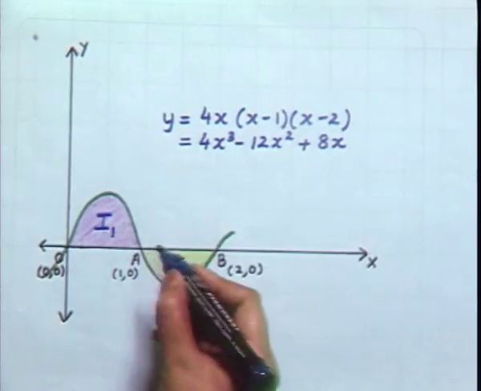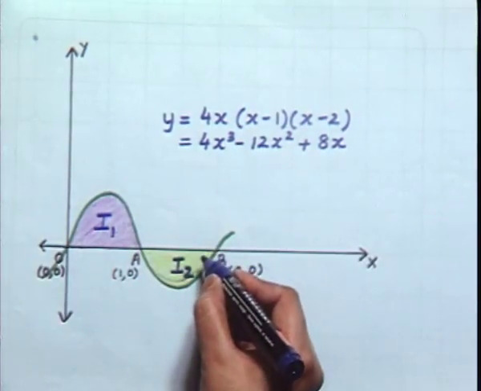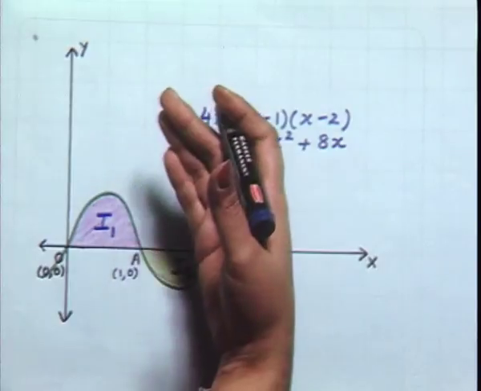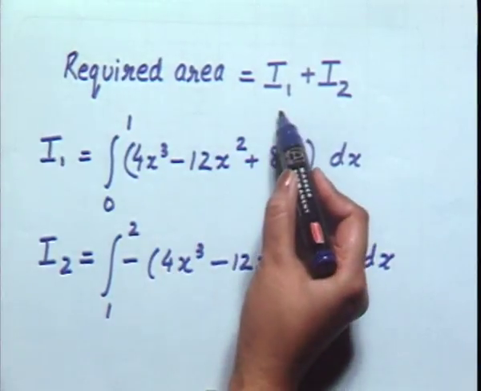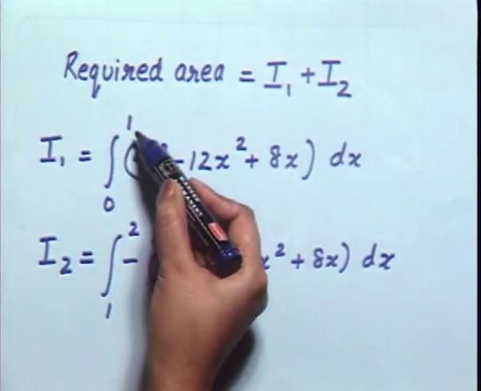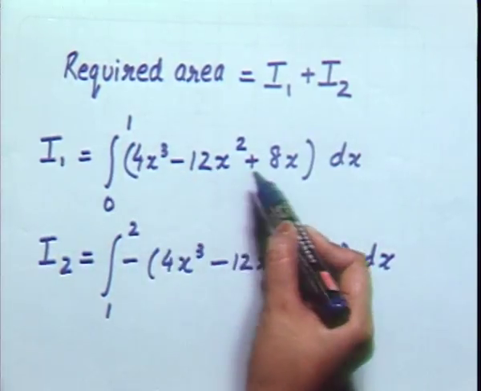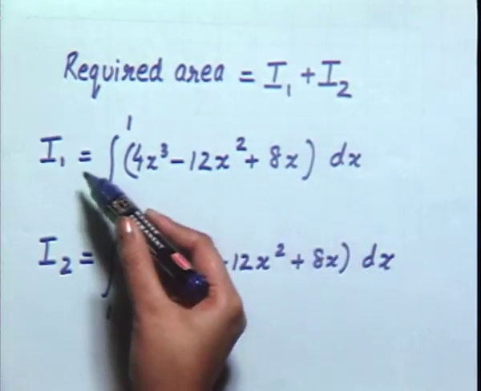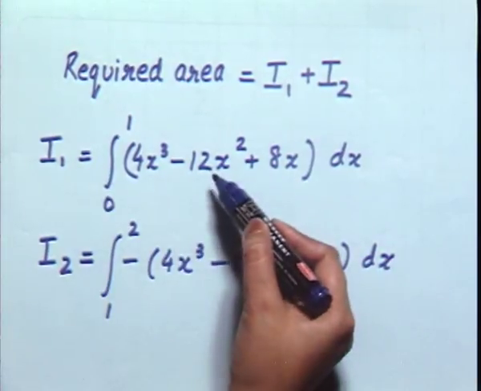I1 is no trouble, I2 is now no trouble, because we know we can find its area by taking the negative of the function involved, and therefore, we can write the required area to be I1 plus I2, where I1 is integral 0 to 1 of 4x cube minus 12x square plus 8x, since between the origin and A, the function takes positive values.